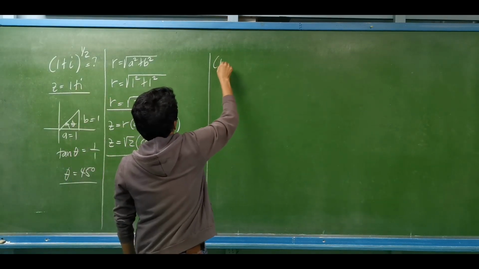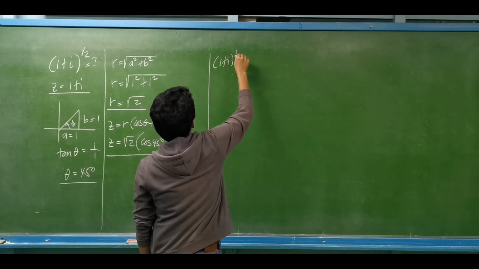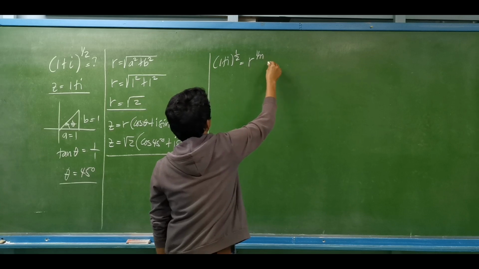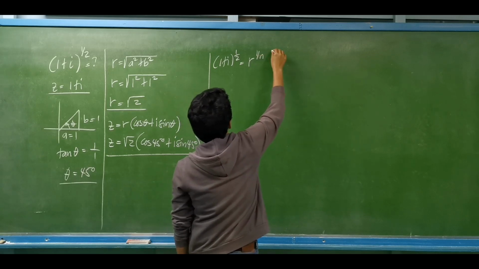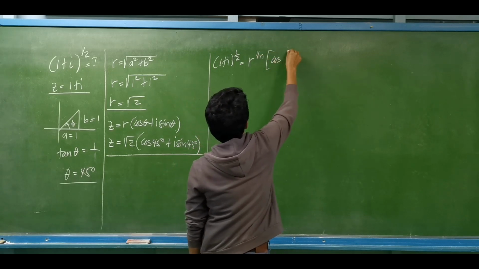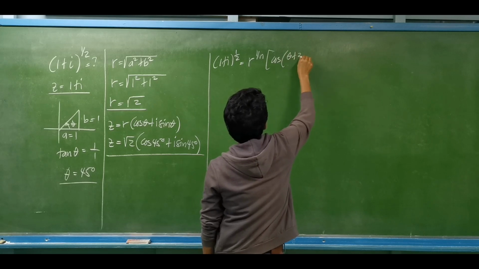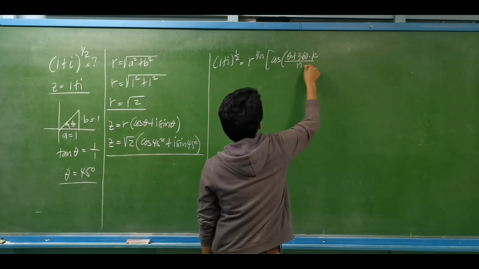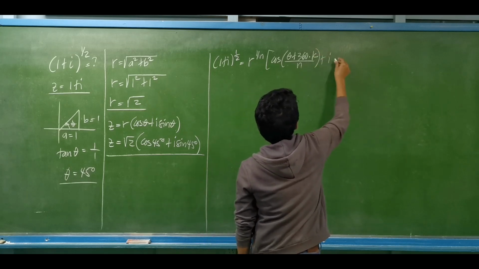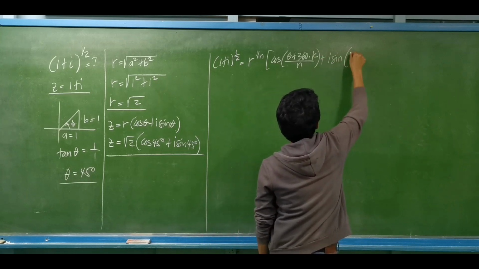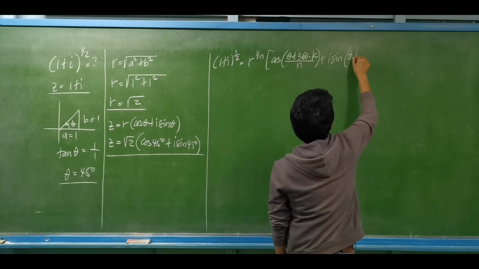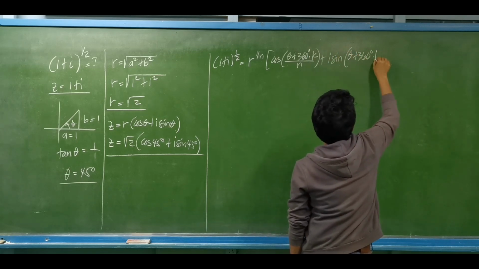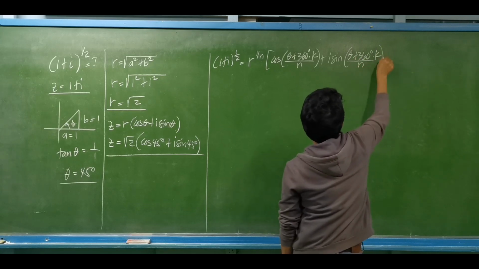so we have 1 plus i raised to 1 half is equal to r raised to 1 over n, multiplied by the quantity cosine of theta plus 360 degrees multiplied by k, divided by n, plus i multiplied by sine of the argument plus 360 degrees multiplied by k, divided by n.